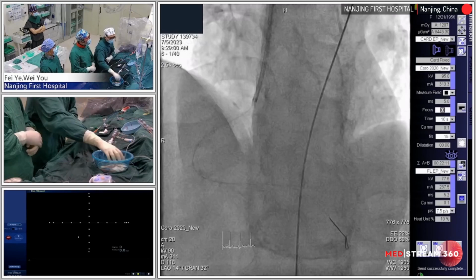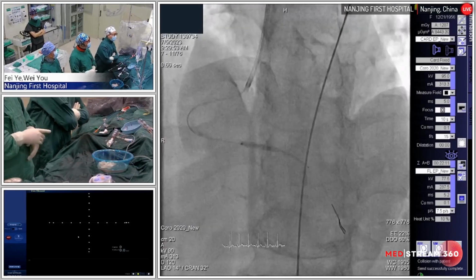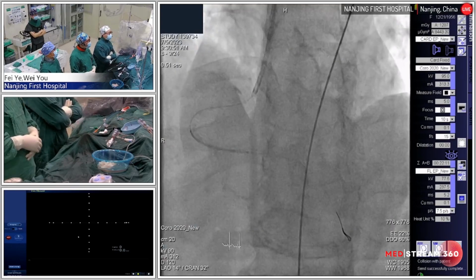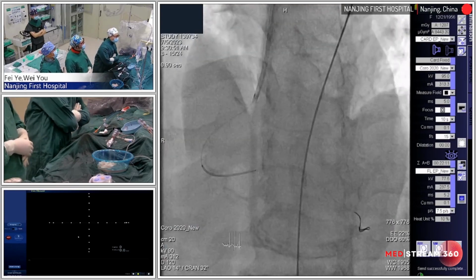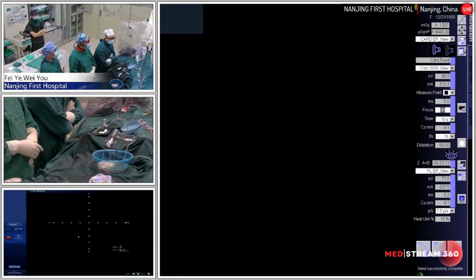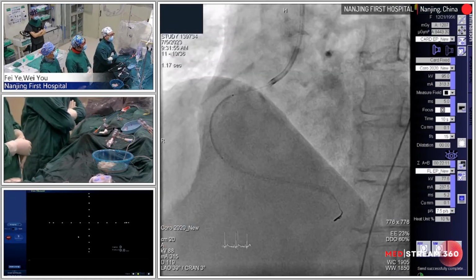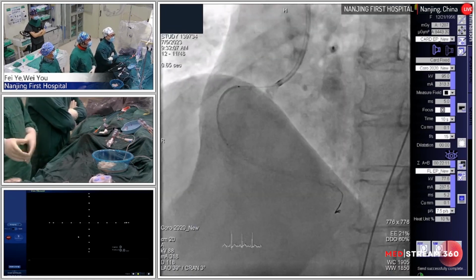The patient tolerates well, and then we deployed 4 stents from the distal crux to the ostial RCA, with stent diameters from 2.25 to 3.5. Then we performed post-dilation, and you can see the final result of the RCA.